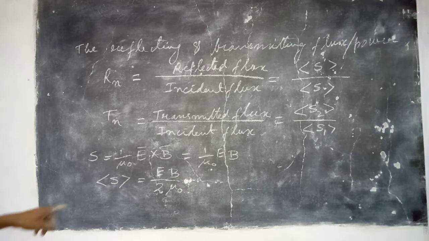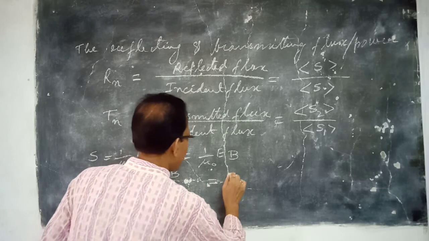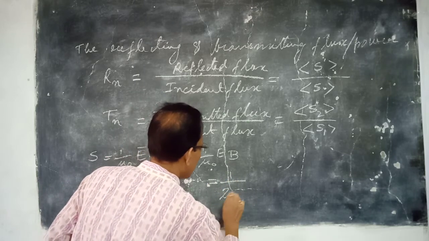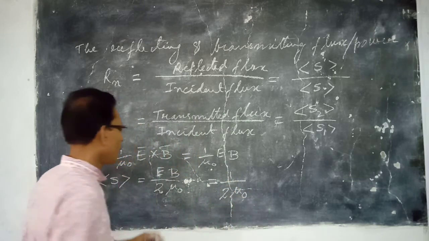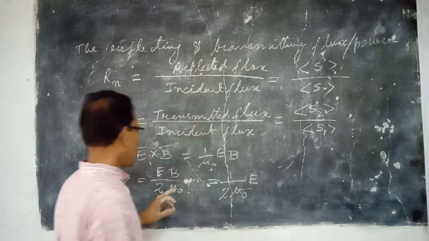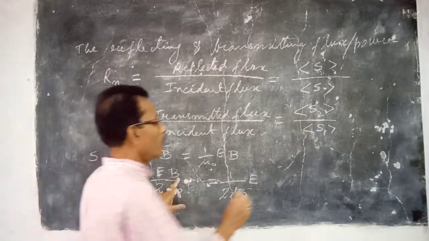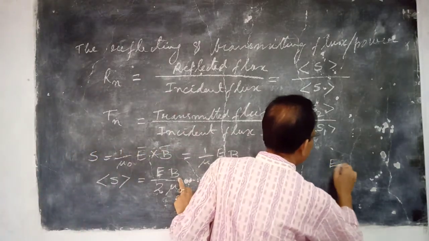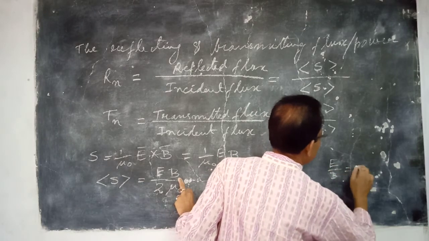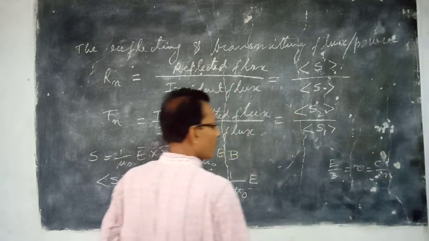Now if we calculate the average flux from this, you get 1 by twice mu 0 E times B. What is B? E by B is equal to v, the speed, that is c by n.